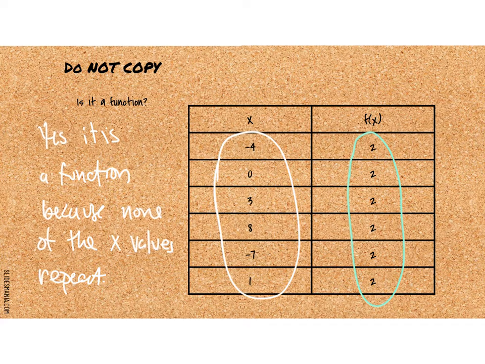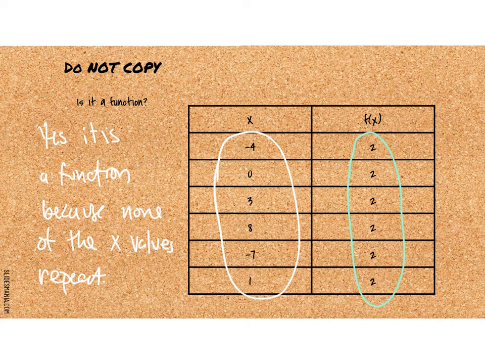Now, the only way it's okay if an x value repeats, right? Let's just say that hypothetically you have a negative 7 here. Then this must be 2. Why? Because you already have negative 7 here with 2, and you have negative 7 with 2. That'll still make it a function. That is still okay.